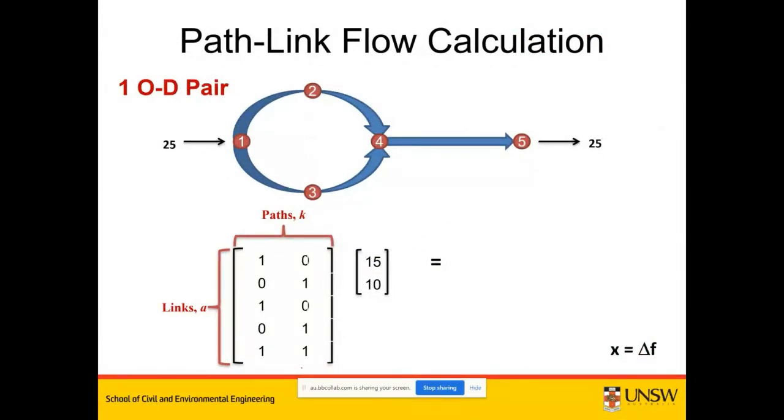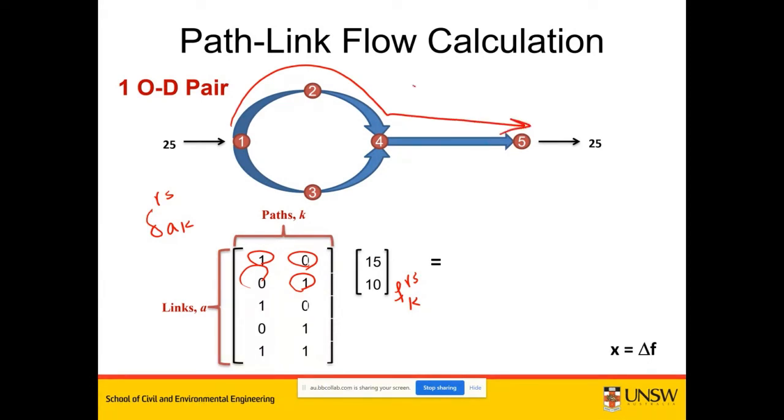If this is my matrix, all these arrays inside this matrix represent my delta RSAK, and this is my FRSK. In this case, I have 15 and 10. So FRS1 is 15, and FRS2 is 10.